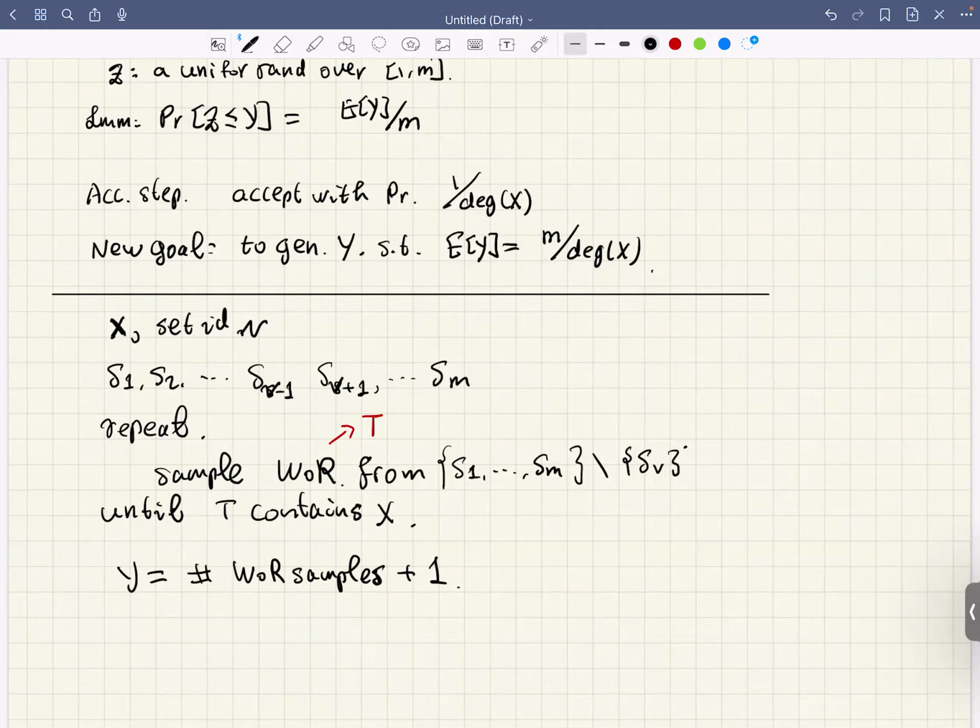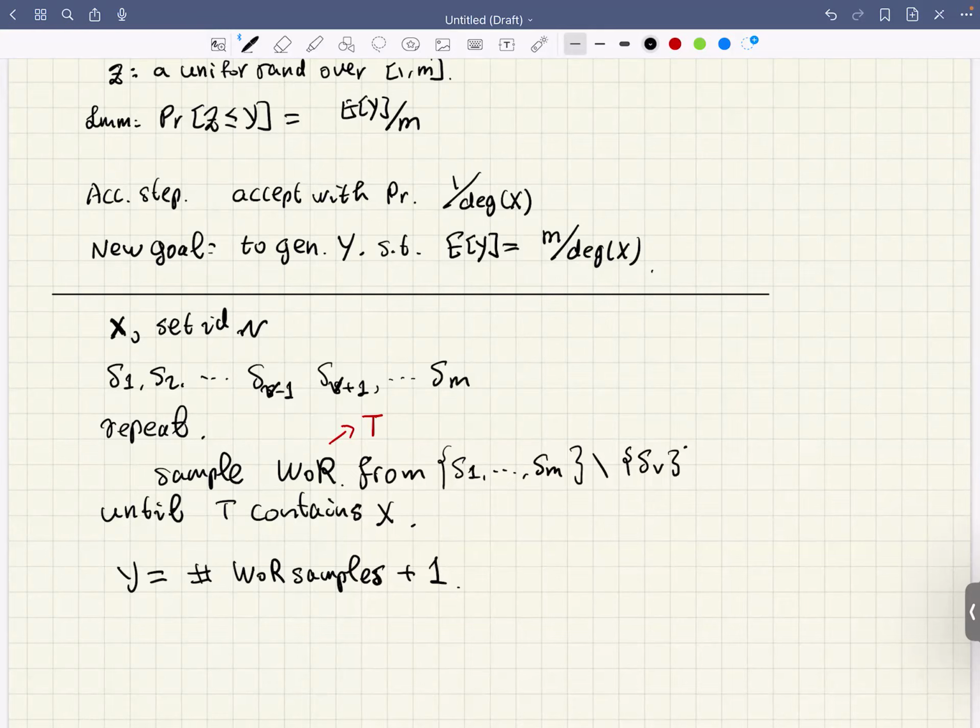So this is how we generate this Y. I don't have time to really go into full-blown analysis, but let's get some intuition. How come the expectation of Y should be this value? Let's consider some extreme cases. Say the degree of X is just 1, which means just SV contains this element, and none of the other sets contains it.